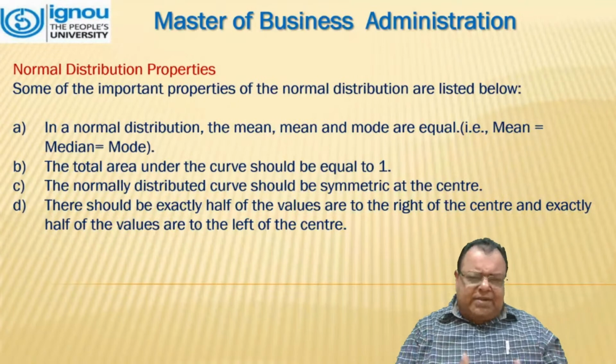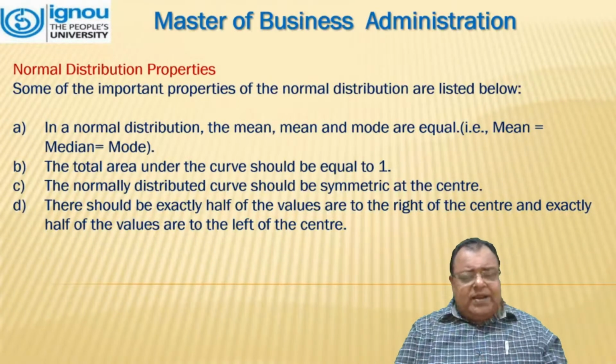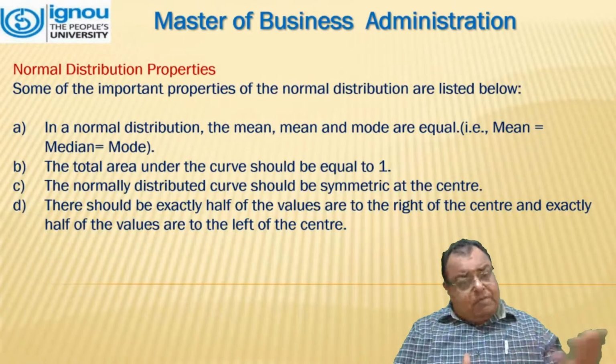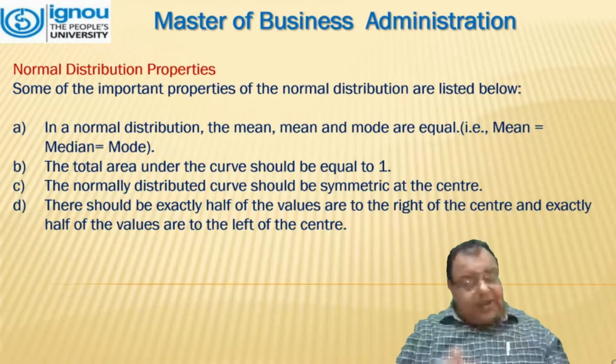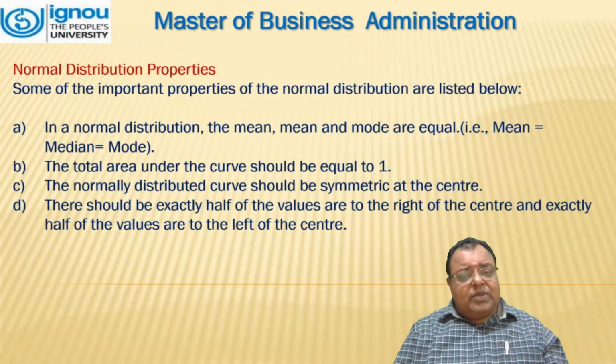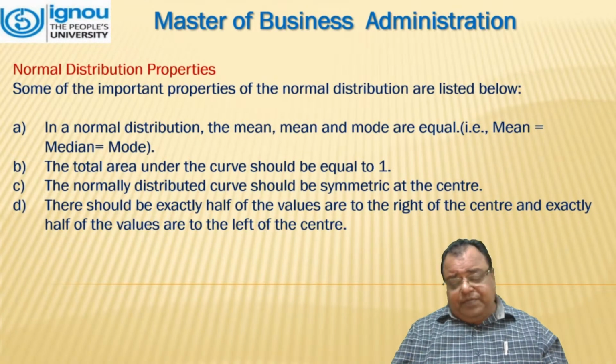That means we can say that in between we have a center line, and on the left side we have a probability of the event as 0.5, and on the right side or on the other side we have a probability of 0.5 the occurrence of the event.